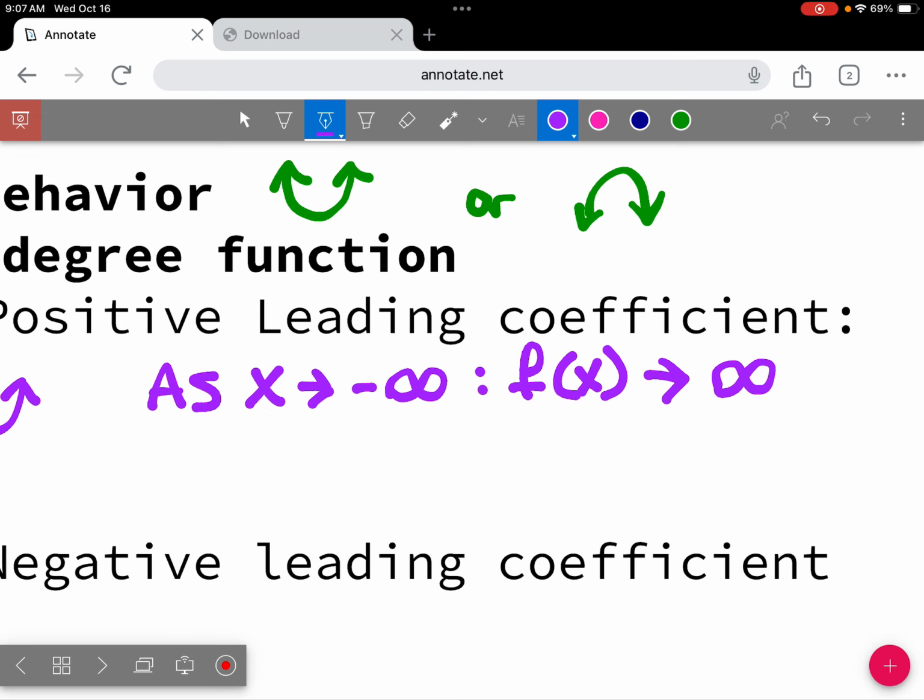And we need the other arrow too, because that just describes our left arrow. As x approaches positive infinity, so as x gets further and further to the right, our function f of x is going to approach positive infinity.